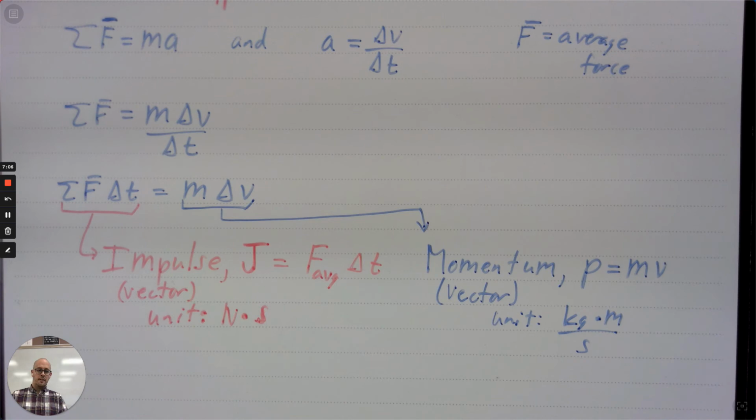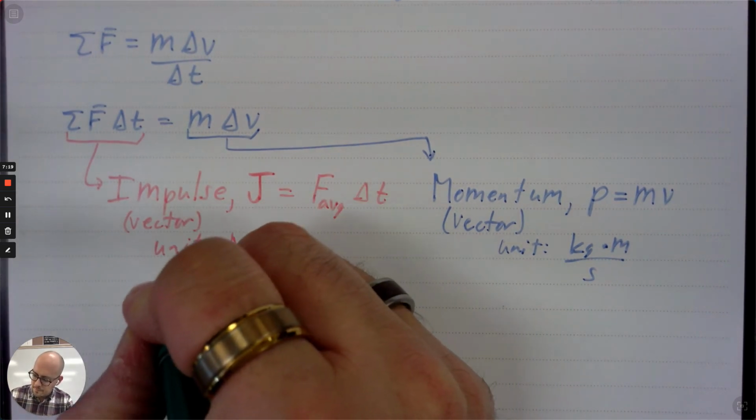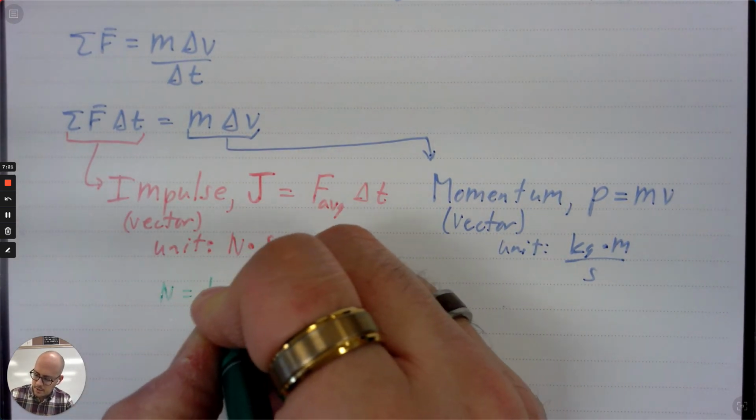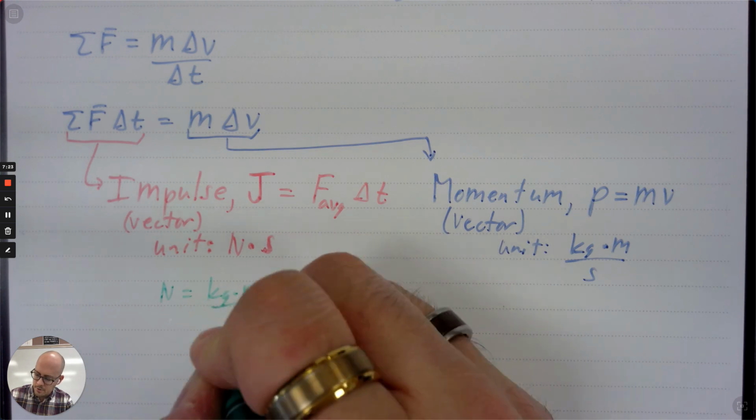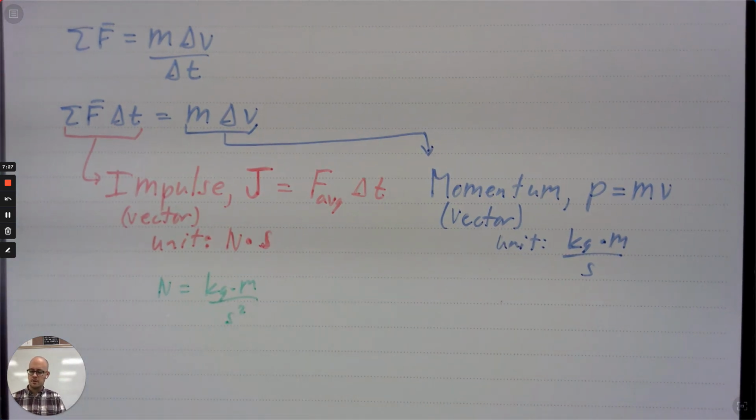Now, one of the things about physics equations is that they have to be dimensionally consistent. So let me show you that the left side and the right side of this equation are in fact dimensionally consistent. A Newton is equal to a kilogram meter per second squared. Remember that net force equals mass times acceleration.